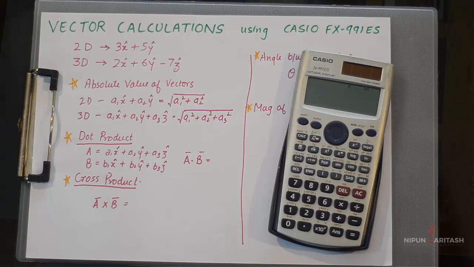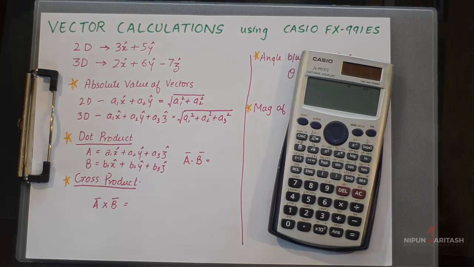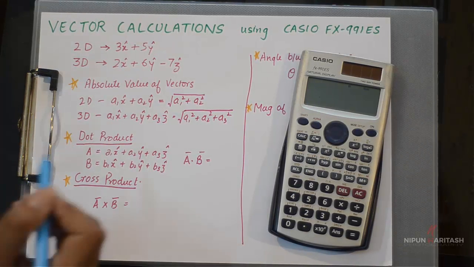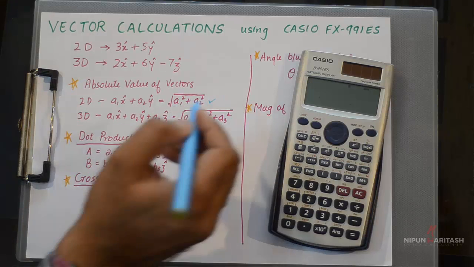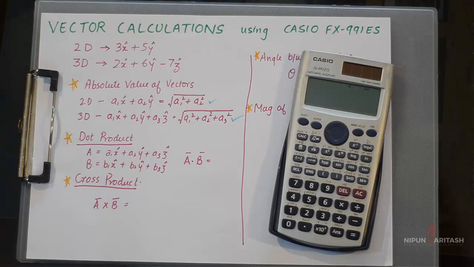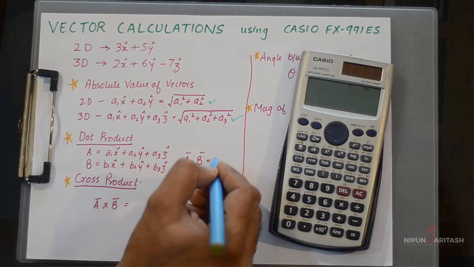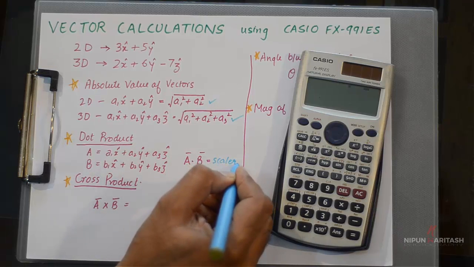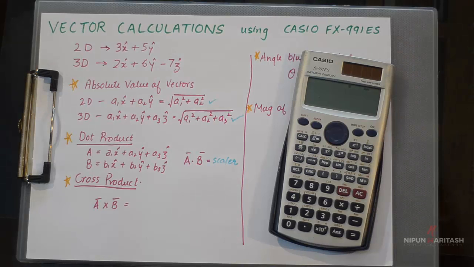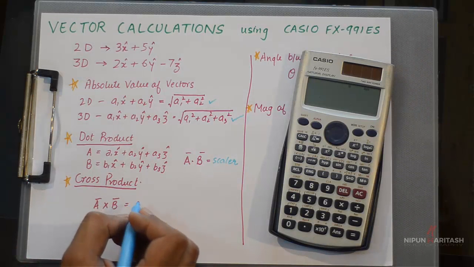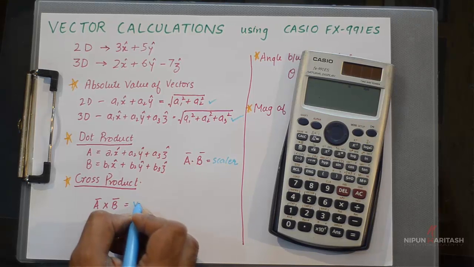I've written down the agenda on the paper. Now we have two kinds of vectors. We have a 2D vector and a 3D vector, and what we need to do at times is to either find the absolute value of the vectors, which is calculated like this, or we may want to find the dot product of the vector, which will eventually turn out to be a scalar quantity, or we may want to find the cross product of a vector, which will turn out to be a vector quantity.